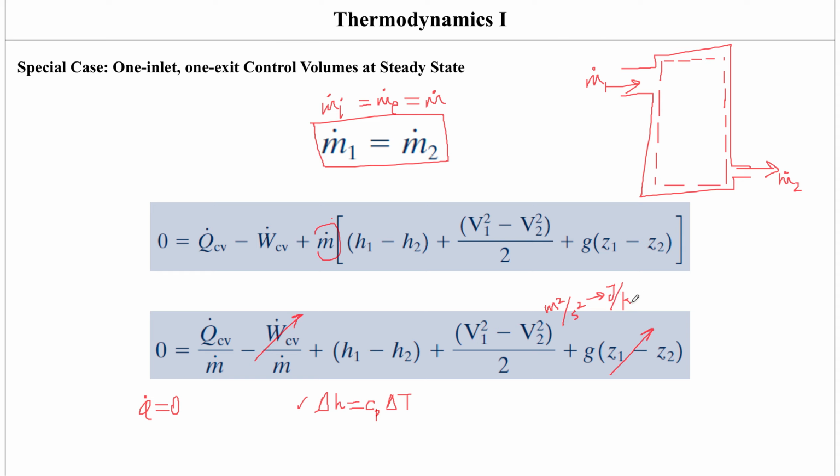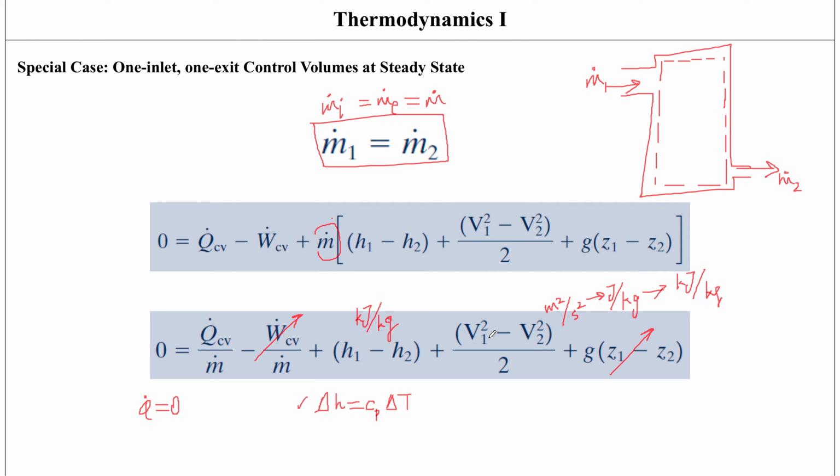And usually what we've seen from the tables is that enthalpy is given in terms of kilojoules per kilogram. So you have to make sure that when you're using this relationship, you're converting this into kilojoules per kilogram. You can do that just by dividing whatever term you get here by 1,000. So that's going to be in terms of kilojoules per kilogram.